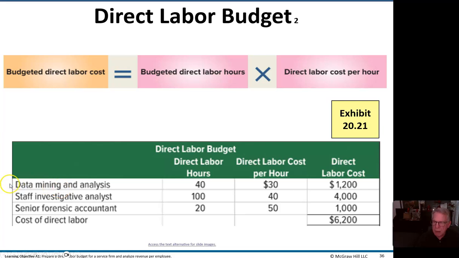So data mining and analysis takes so many hours, and staff investigative analysis takes so many hours, and a senior forensic accountant takes so many hours. And we can flow that through by differing direct labor costs per hour. I think you could easily see how that could be used for a law firm, or for that matter, an accounting firm, where we have different pay grades for each level of support.